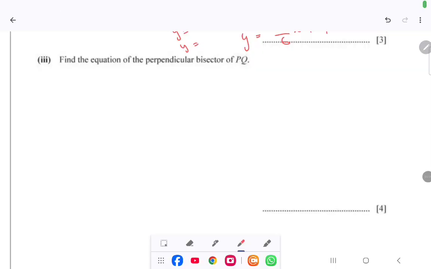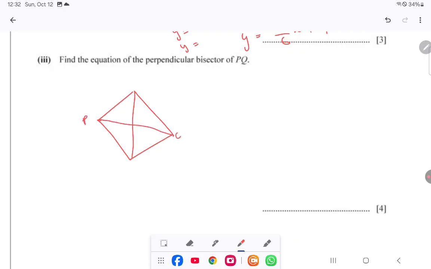Now part C is saying find the equation of perpendicular bisectors of PQ. So assume a rhombus, 2 points.